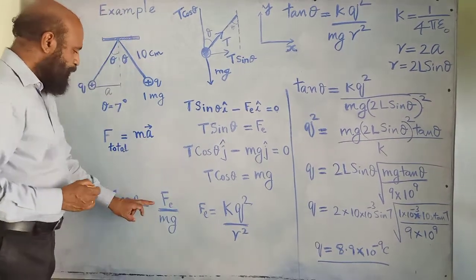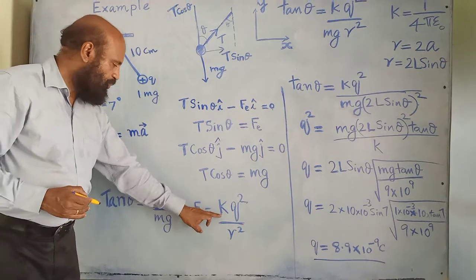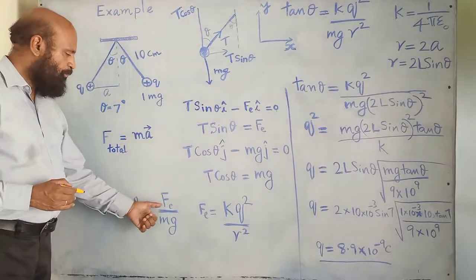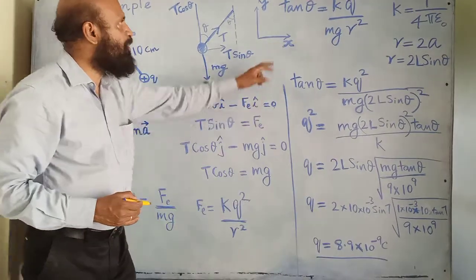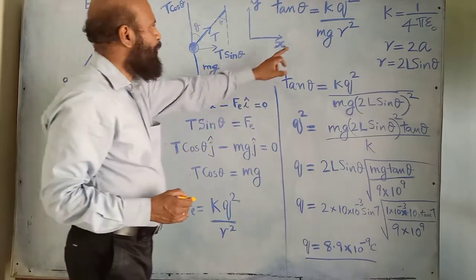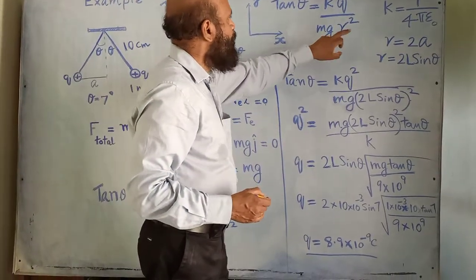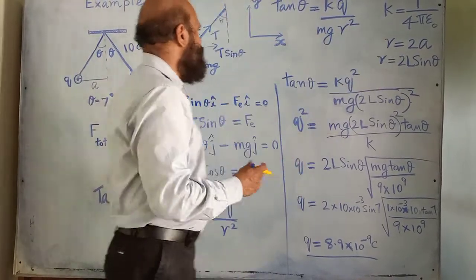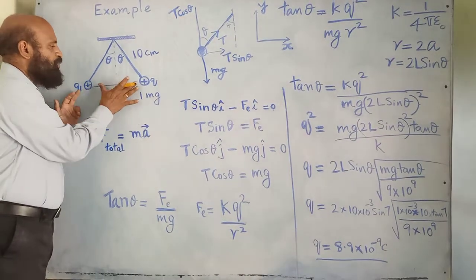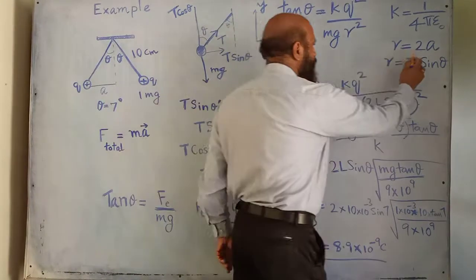Now we can substitute for this Fe in this expression: tan theta is equal to k q square by r square divided by mg. Then this r, the distance between the charges, is 2a, this distance is a, so r is equal to 2a.